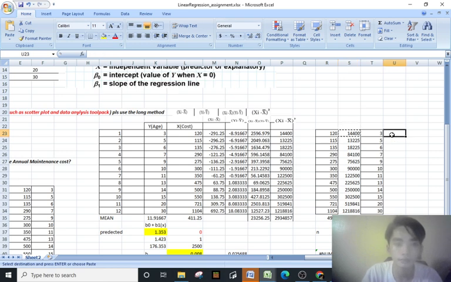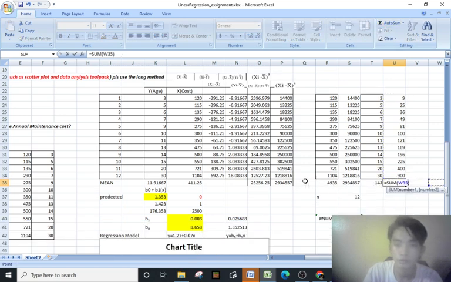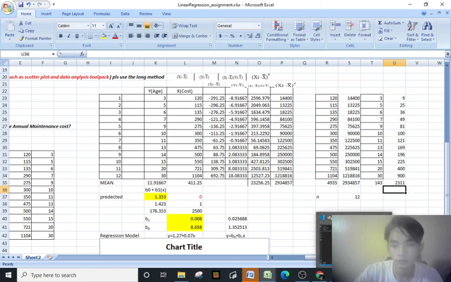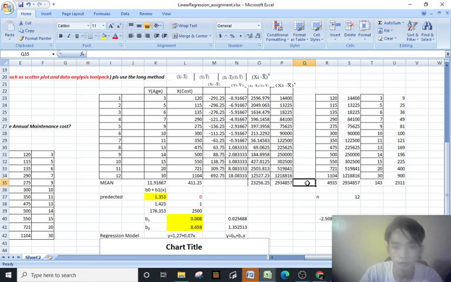Also multiplied by itself the y, then get also the sum. So this is the sum.